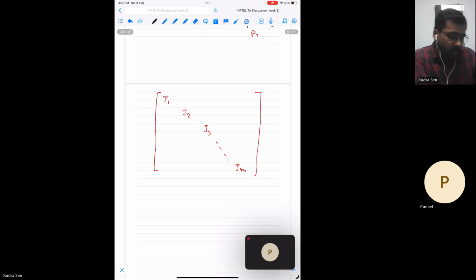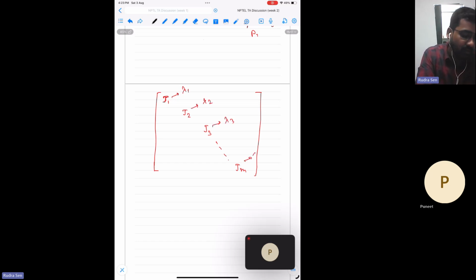Each Jordan block corresponds to each distinct eigenvalue. This Jordan block corresponds to lambda 1, this corresponds to lambda 2, this corresponds to lambda 3, this corresponds to lambda n. Okay. So this kind of structure you will get, and this is basically the Jordan canonical form.